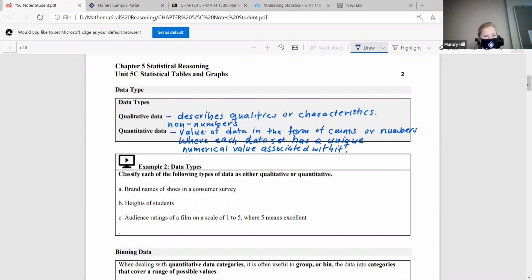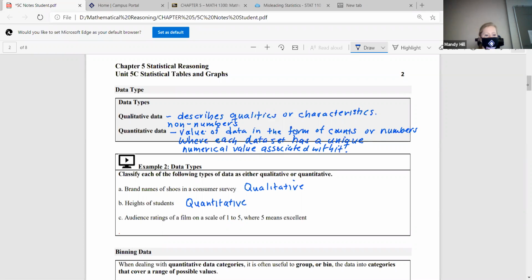So here are some examples, and it's asking you to choose, are these quantitative or qualitative? Brand names of shoes is going to be qualitative. If the answer is not a number, it's qualitative. Heights of students is going to be quantitative because we're actually going to get a number.